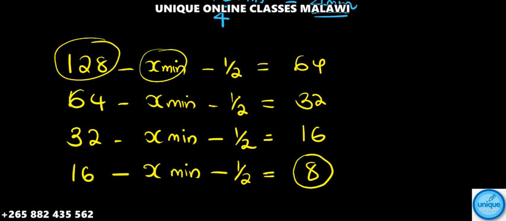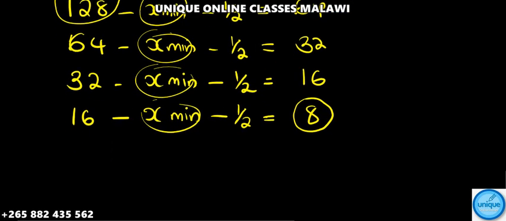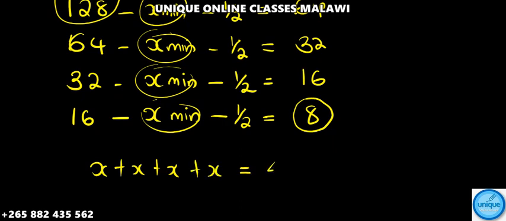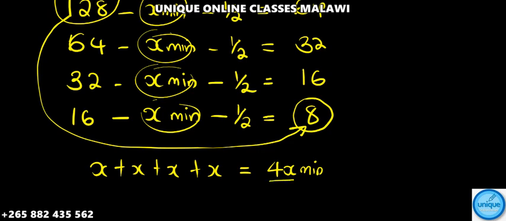After x minutes, my x minutes is 4. So it's like x minutes plus x minutes plus x minutes plus x minutes, the answer is 4x minutes. So from 128 count rate to 8, we have 4x minutes.